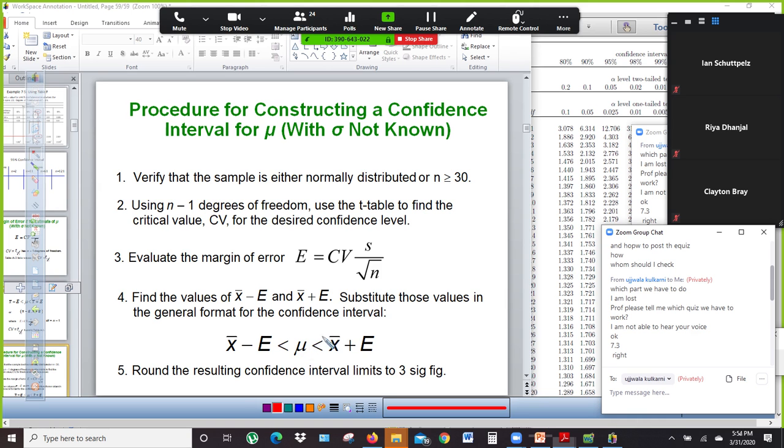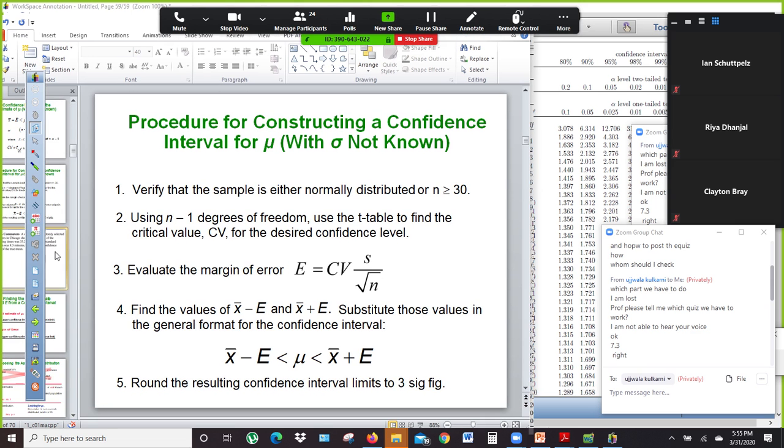Right, so the mean is greater than that and less than this. So that's your basic standard playbook for this one.